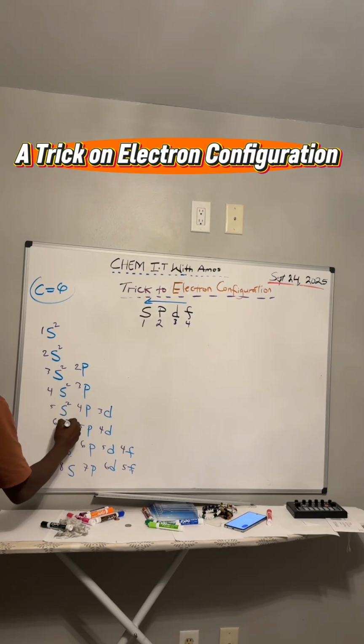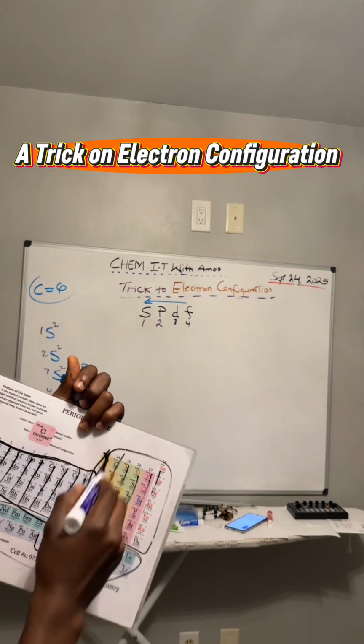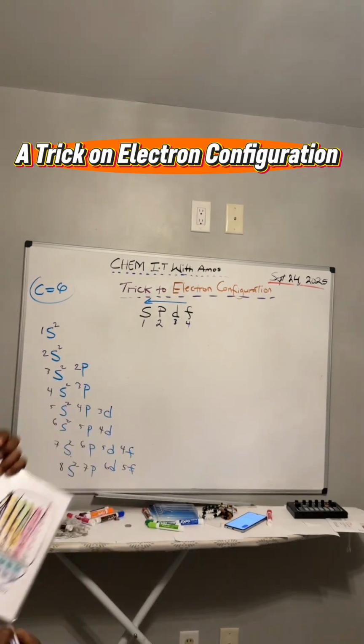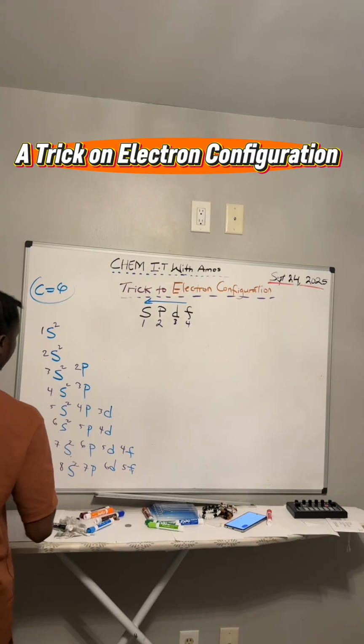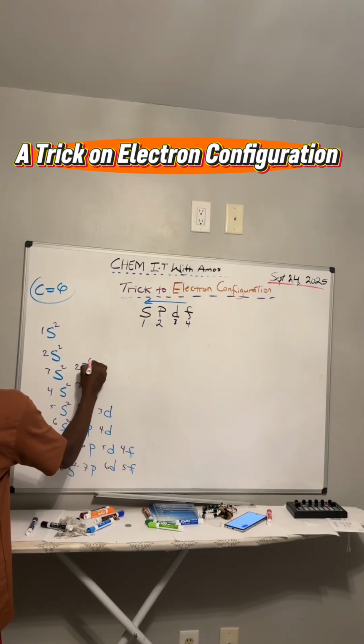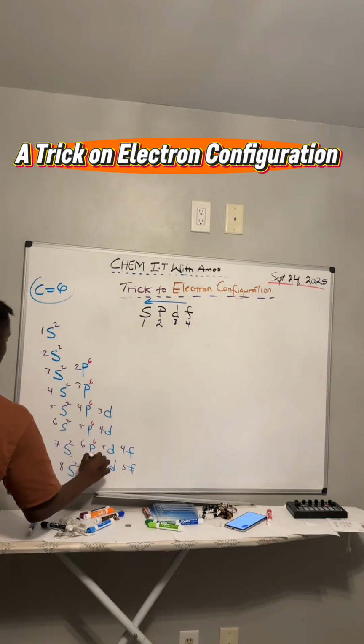And the P block has 6 groups. When you look here, 1, 2, 3, 4, 5, 6. So all of the P you see here will contain 6.